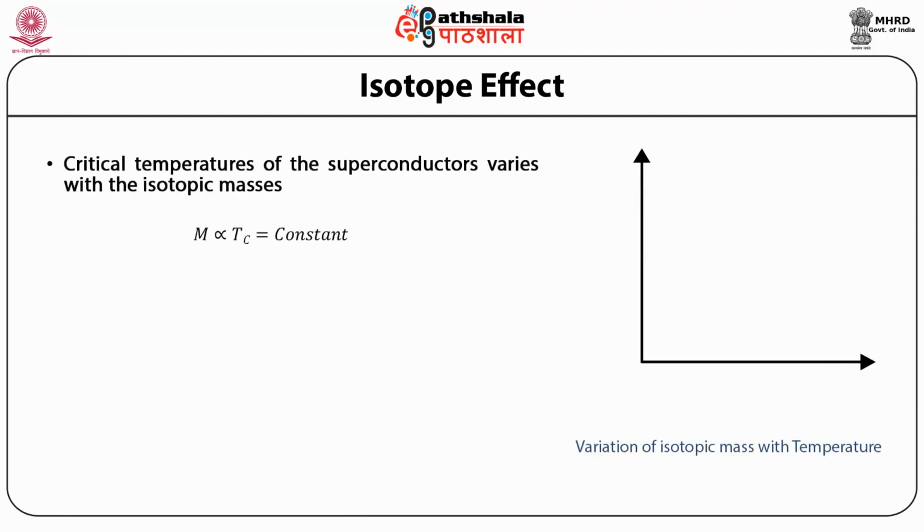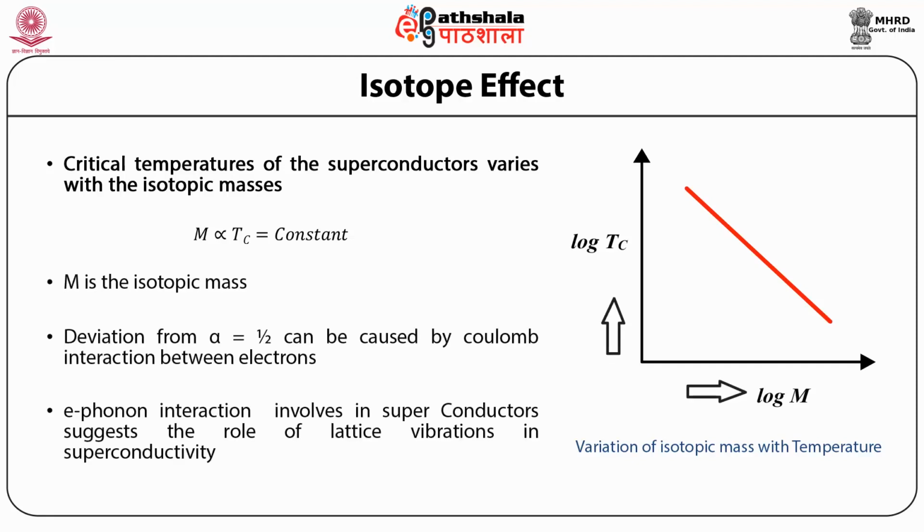After electromagnetic and thermal properties, we come across the isotope effect. Experimental study of superconductor materials shows that the transition temperature varies with the average isotope mass M of their constituents.